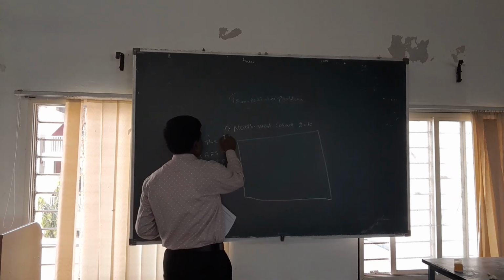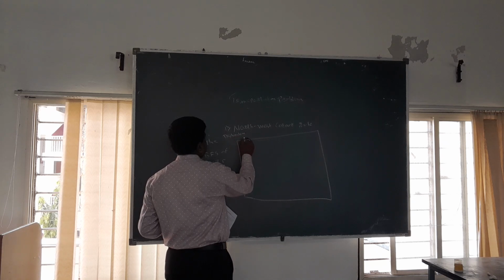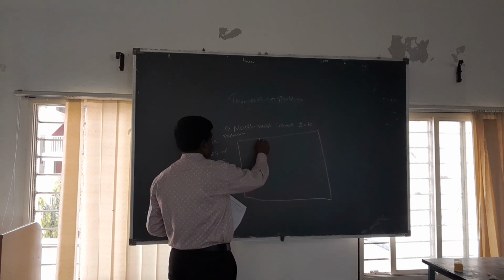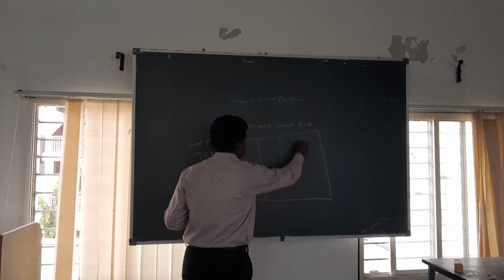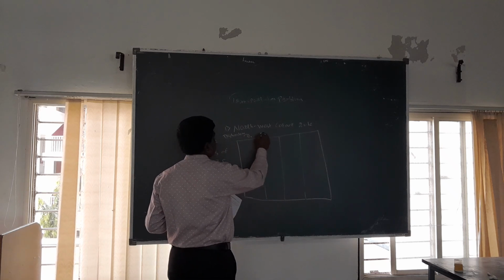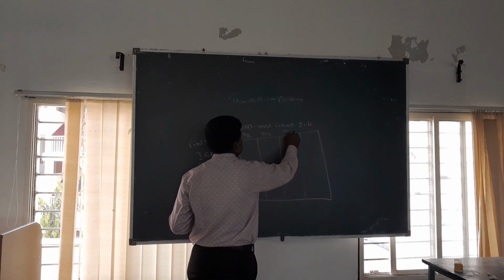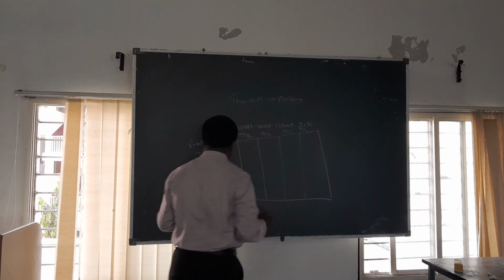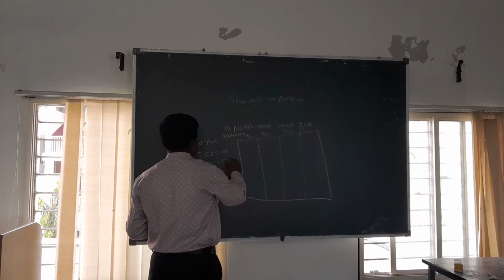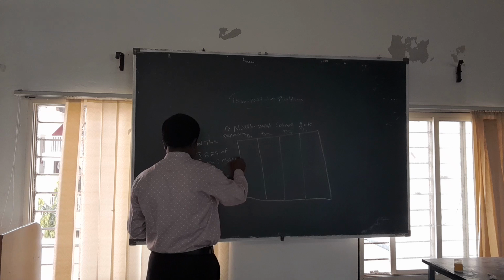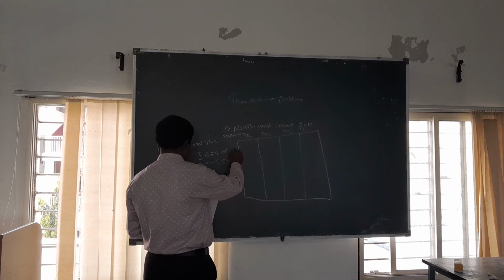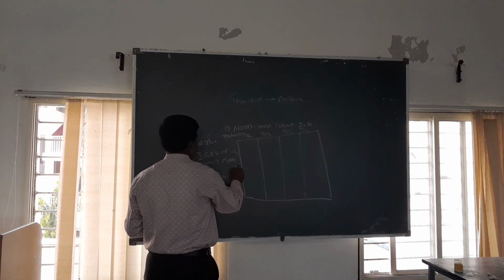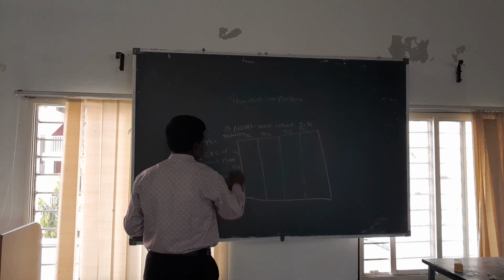The destinations are D1, D2, D3, D4 and the sources are O1, O2, O3.